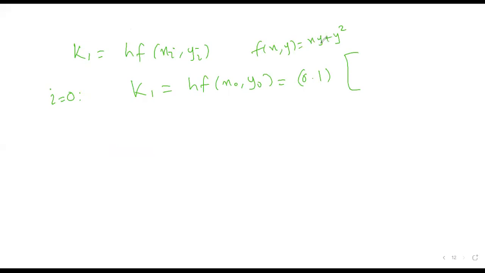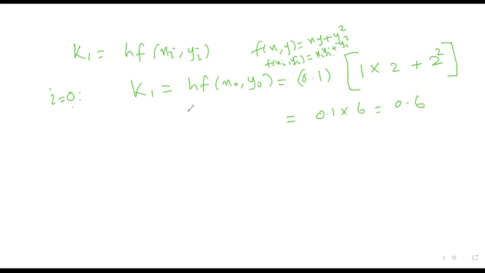So f of xi, yi is xi yi plus yi whole square. In case of 0, it will be x0 y0, where x0 is 1, y0 is 2, plus y0 square, which is 2 square. So this will be 0.1 times 2 plus 4, 6, so it will be 0.6. This is my k1.